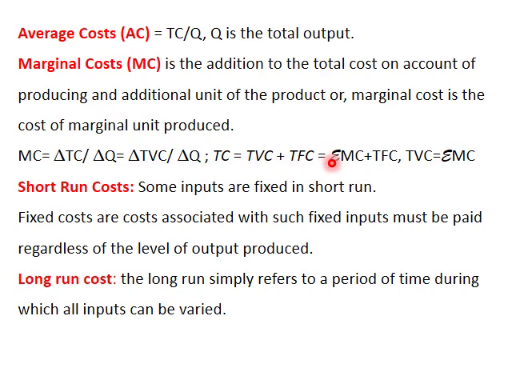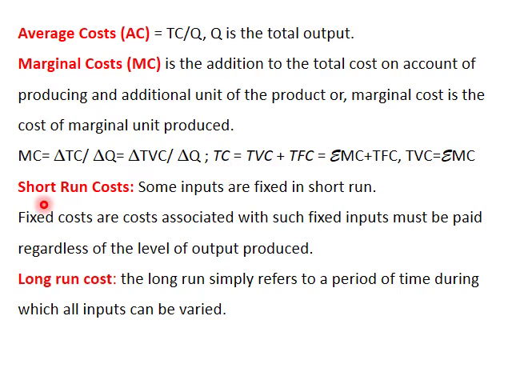And this can be equal to summation of marginal cost plus total fixed cost. Summation of marginal cost gives us total variable cost. So summation of marginal cost means total variable cost. Then this plus total fixed cost, we can get total cost.